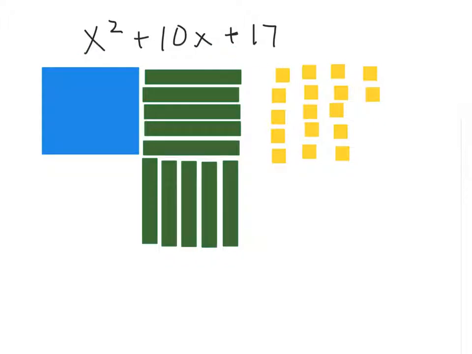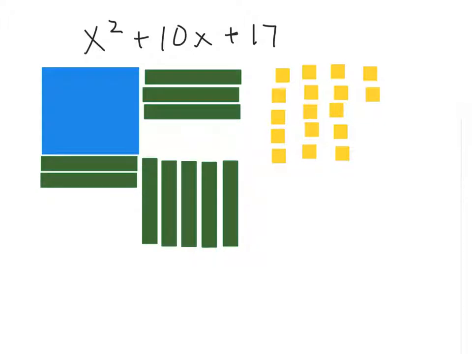Okay, so we want to make a perfect square out of this. So in order to take this equation and build it into a perfect square, we first get the materials that we've got here, and now we're going to rearrange these materials so that they make a perfect square. Okay, so we know that these green bars are the exact same length as our x squared.